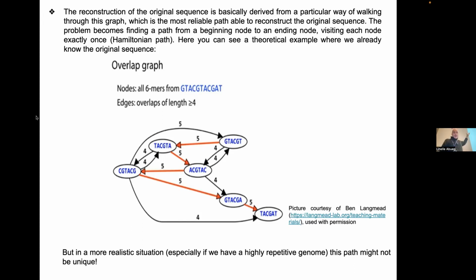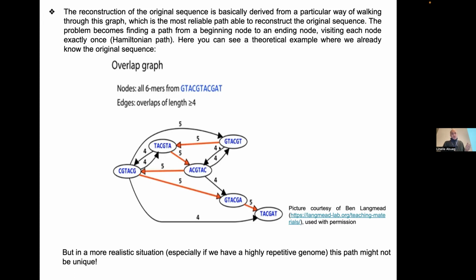Imagine this example where we have this very simple sequence. That's the original sequence. We define overlaps as those that have at least 4 nucleotides that overlap. And imagine we have generated these reads. If you compute all the overlaps, then you can draw this graph.